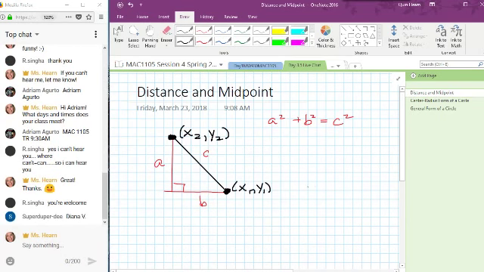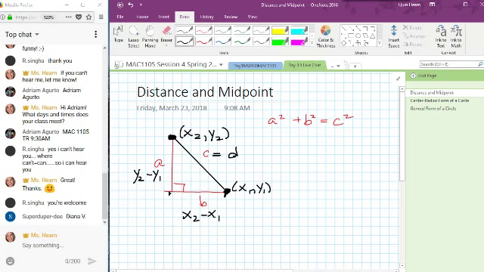So for example here, A is going to be the vertical distance between y2 and y1, which you can get by just subtracting the bigger y value minus the smaller one, or the smaller minus the bigger and just using the positive version, the absolute value. And then for B, it's the horizontal distance between these two x values, so it's x2 minus x1. And then C is the distance, which I'm going to call D, which we're looking for between the 2 points.